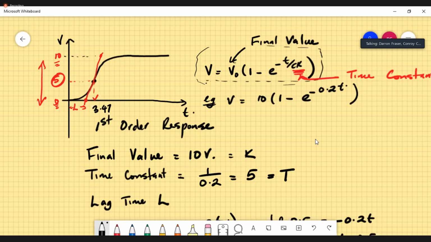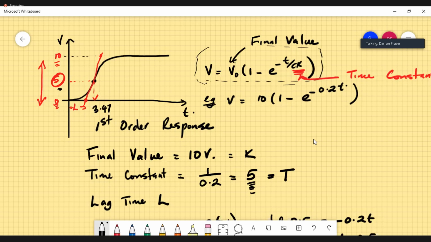Whenever you use the 63%, it's not the value we used here.